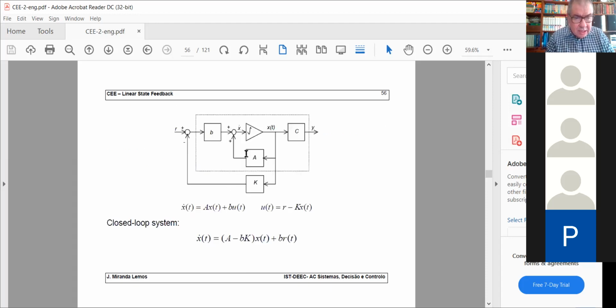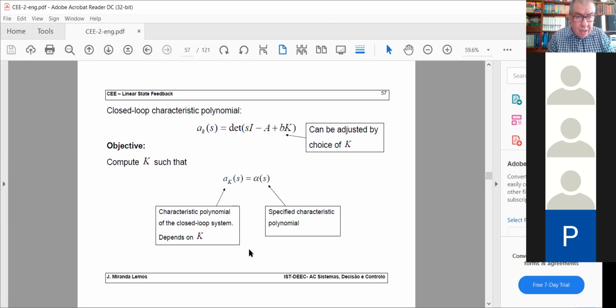That's this matrix here, A minus BK. You get sI minus A minus BK, that's minus minus gives you plus BK. And this is a polynomial in s, and I can adjust the coefficients of this polynomial by the choice of K.